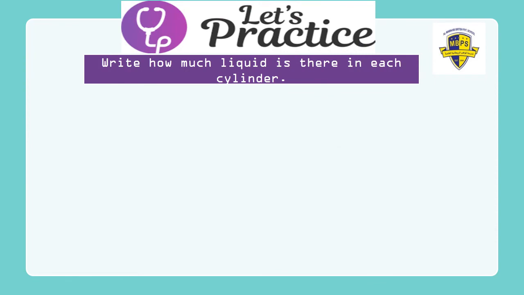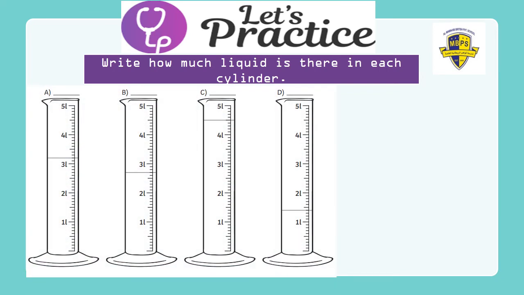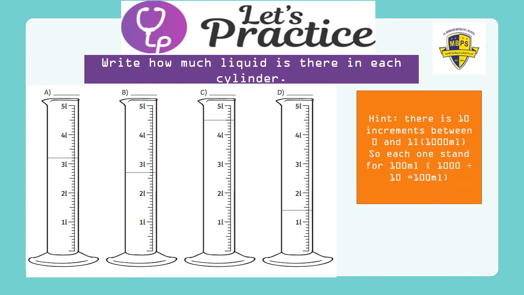Now, let's practice. Write how much liquid is there in each cylinder. We have 4 cylinders. Can you tell me how much liquid is in each one? First step, find the 0.